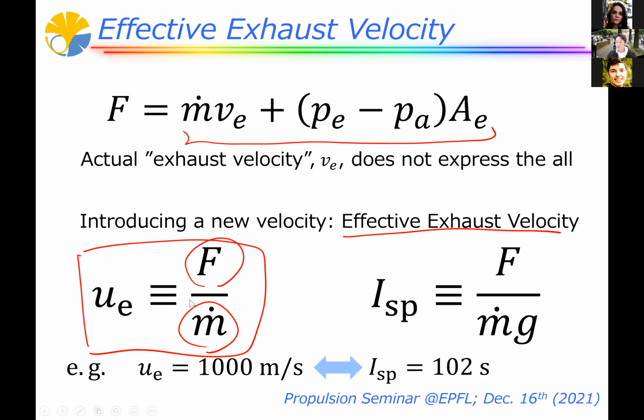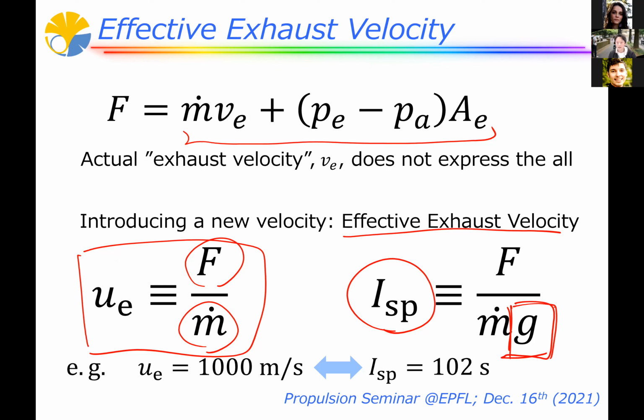Also, sometimes instead of effective exhaust velocity, we use another index, Isp, specific impulse. The difference between those is just the constant g, which in SI units is 9.8 meters per square second.